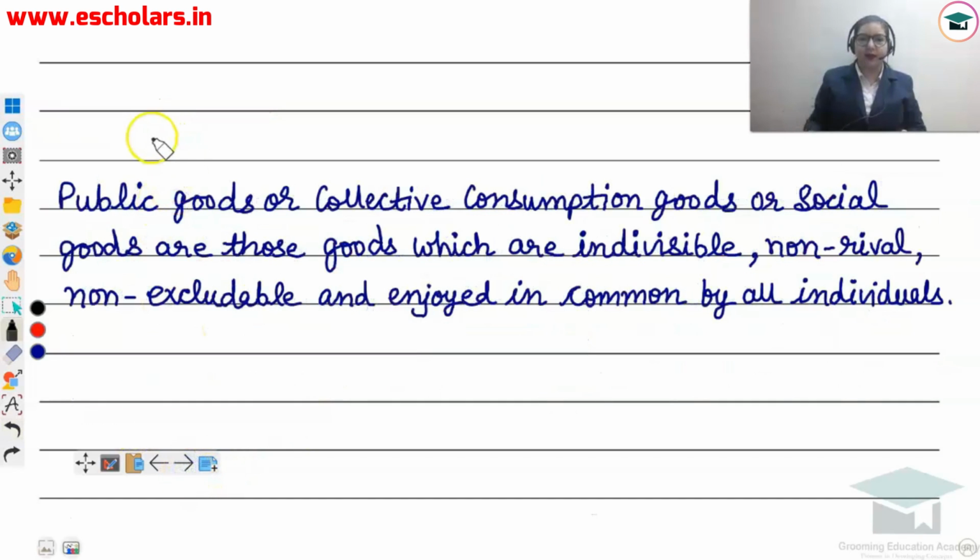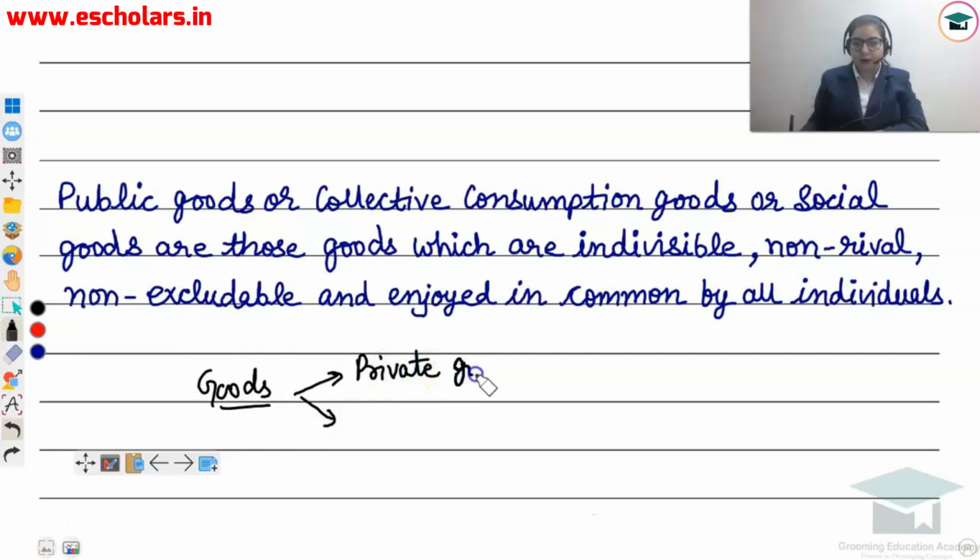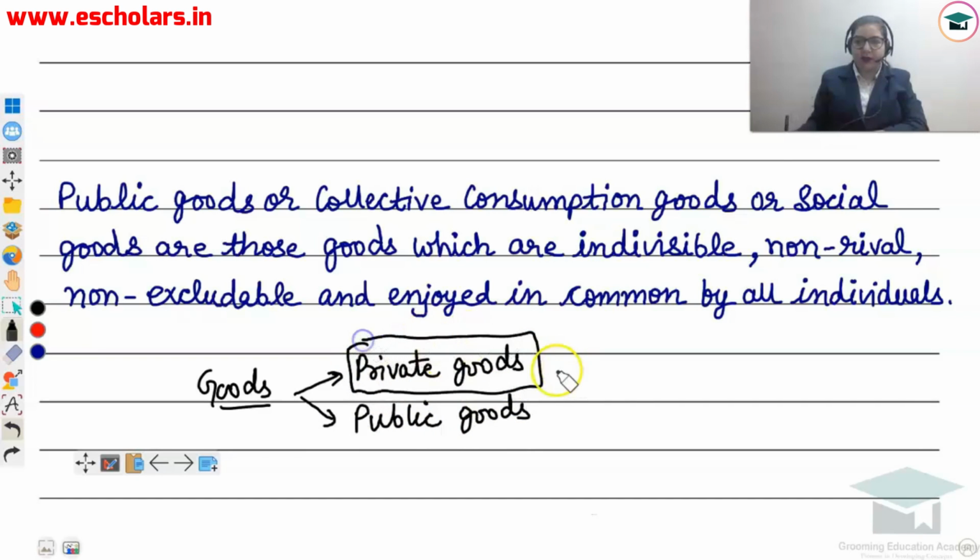Now let's understand the meaning of public goods. See students, there are basically two types of goods: private goods and public goods. Private goods are basically excludable and rivalrous. What does it mean?